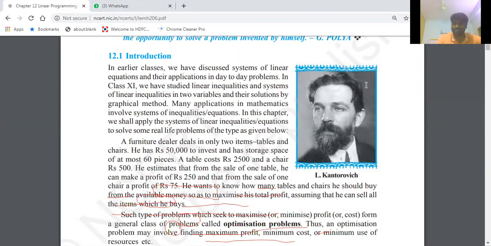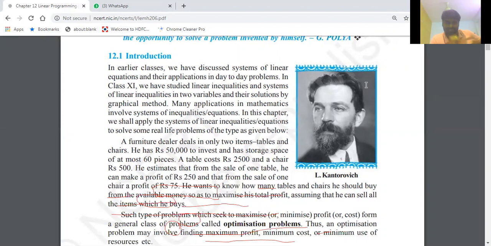That also I have to see. That means I have to purchase some number of tables and some number of chairs so that I can get more profit by selling those. Understood? That is the situation here. As a businessman, as a common man, just try to observe.